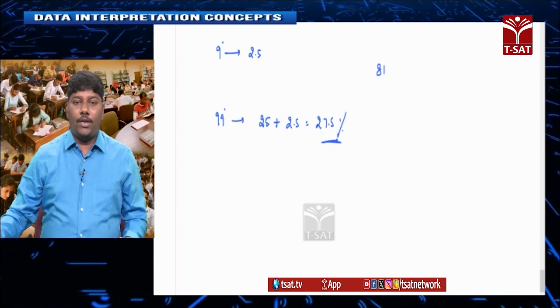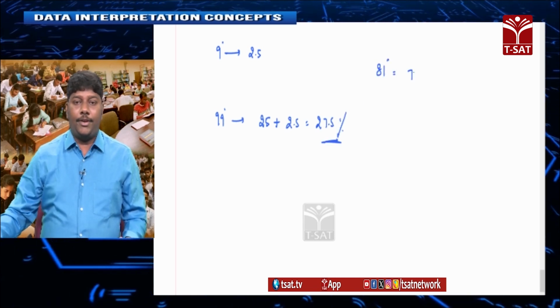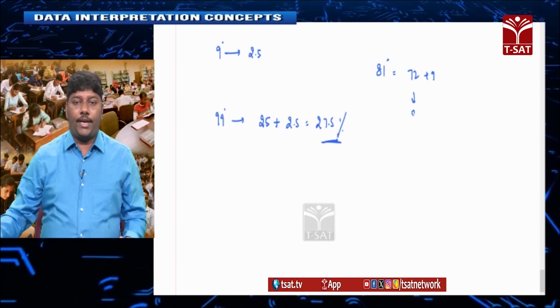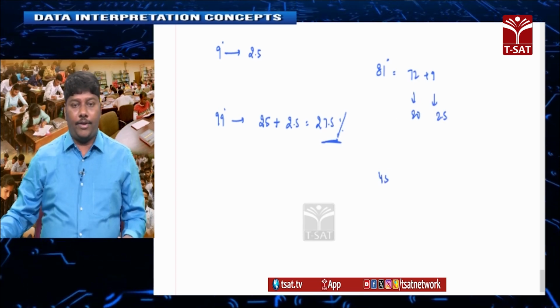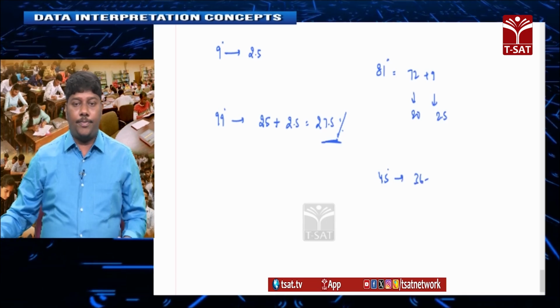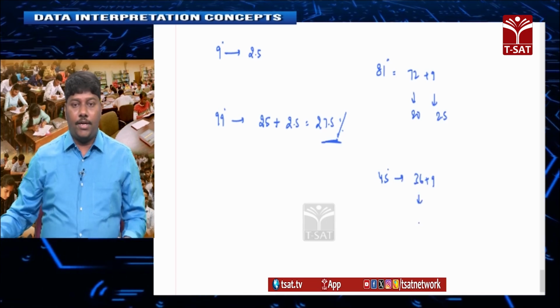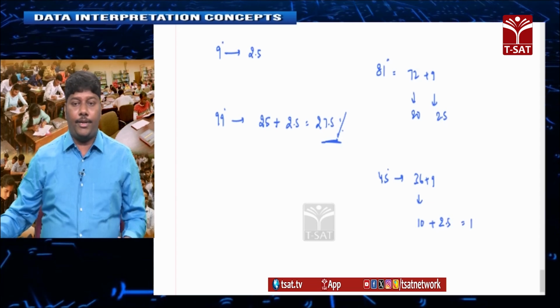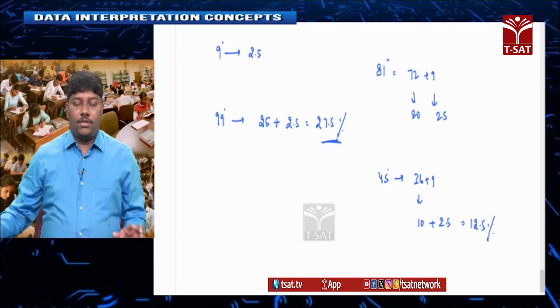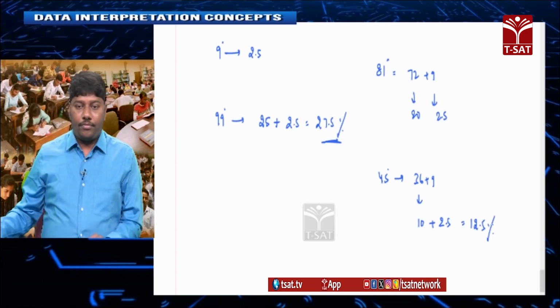If I have 81 degrees, you can say 72 plus 9, 72 is 20, 9 is 2.5. Therefore 22.5. If I have 45 degrees, you can say 36 plus 9, 36 is actually 10, 9 is 2.5, therefore it becomes 12.5%. So this is how you convert the data.